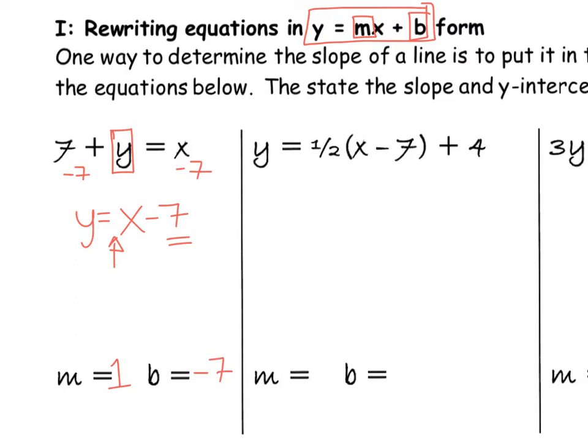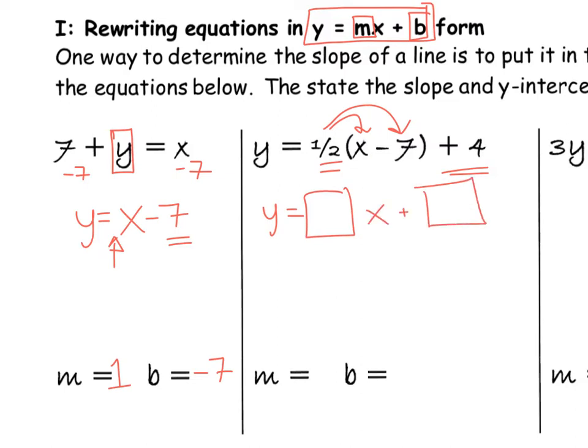In my next example, I have slope of m here, but I don't know my y-intercept, so I am going to distribute my half and add 4 so that I have y equals slope x plus y-intercept.